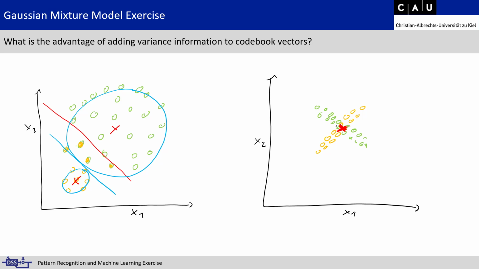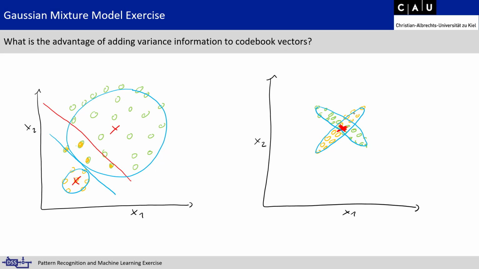But if I use variance information, you can see because of correlation, sort of the covariance indicator here, it would sort of look like this, and for the green class like this. And if you just look at it, you can see that they only overlap in the middle.